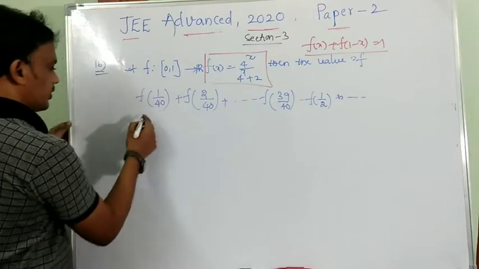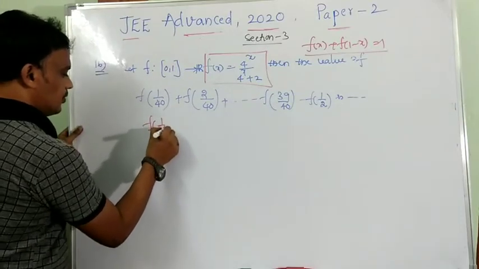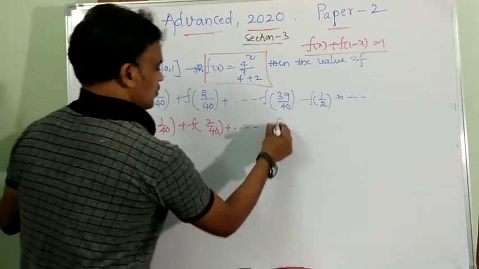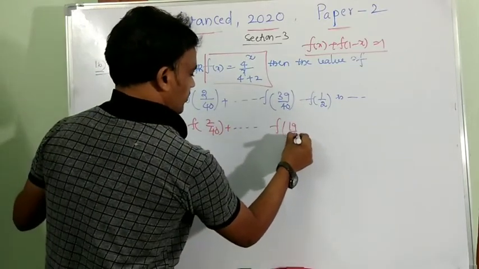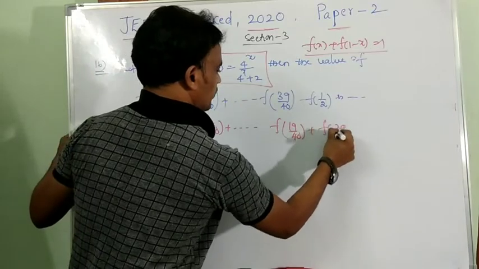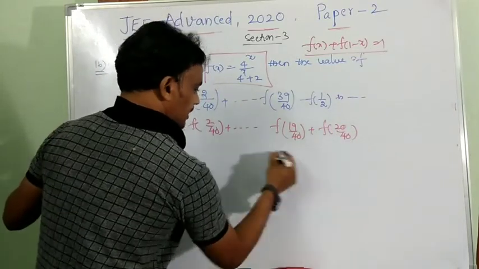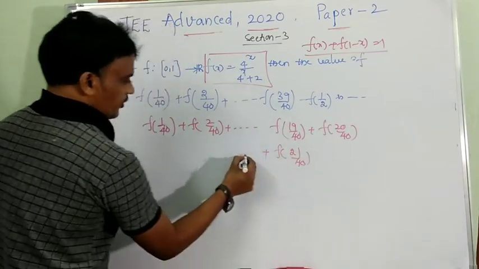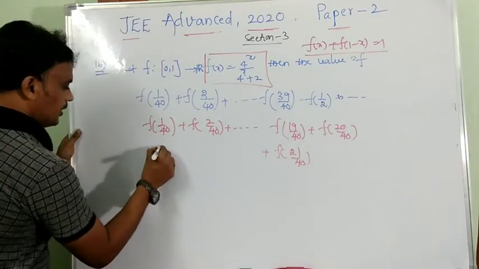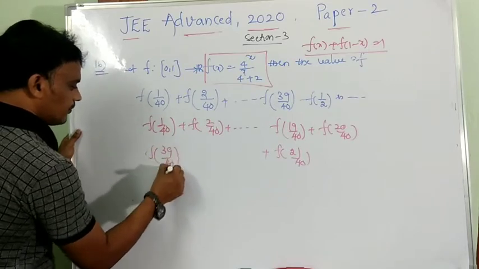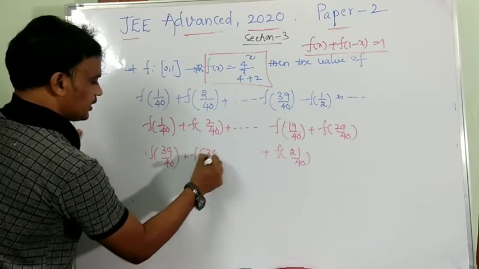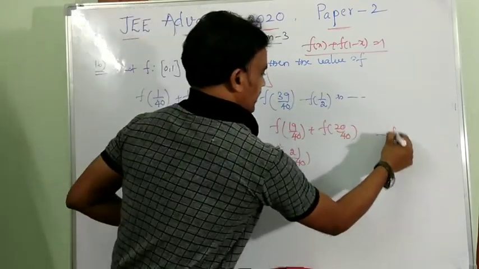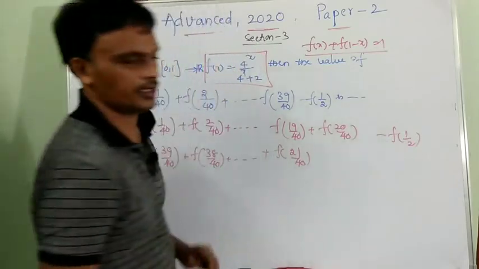So this can be written as f of 1 by 40 plus f of 2 by 40 plus and so on, f of 19 by 40 plus f of 20 by 40 plus, here onwards f of 21 by 40, 22 by 40 and so on, f of 38 by 40, f of 39 by 40. Like this I am writing. And minus f of 1 by 2 is there.